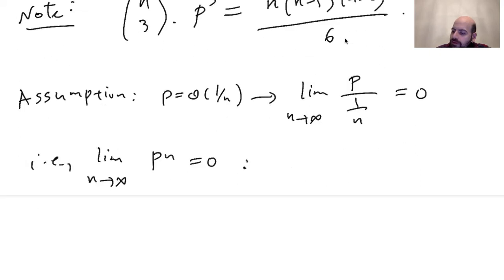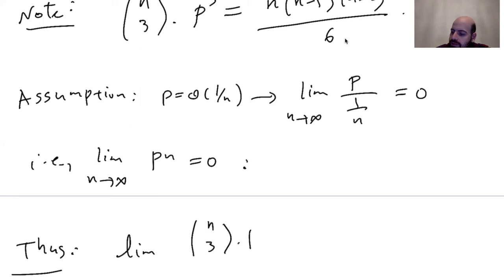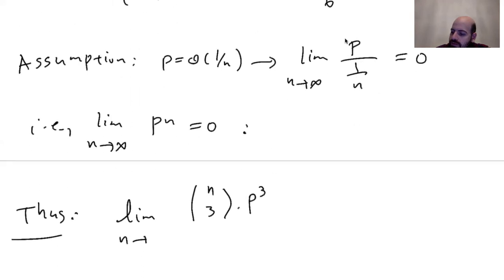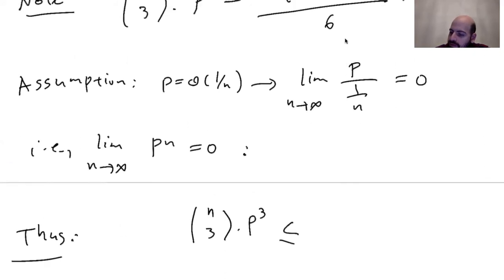Thus, for the limit of n choose 3 times p cubed as n goes to infinity, let's remove the limit for now.